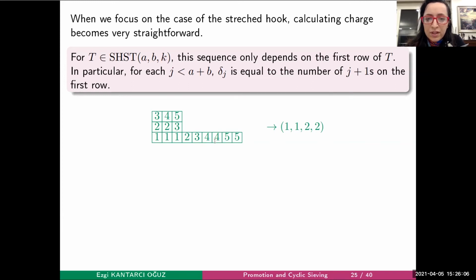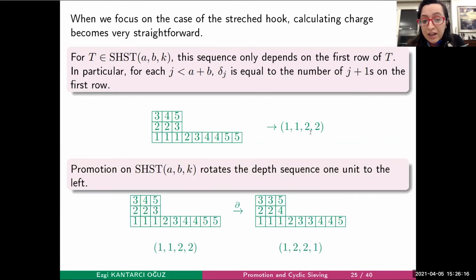The number of 3s, the number of 4s, and the number of 5s. So it just depends on the first row. And it interacts very well with promotion. The promotion just rotates the entry. And it makes sense because in this case, promotion is order 4, and we have a sequence of length 4, and promotion just rotates it.